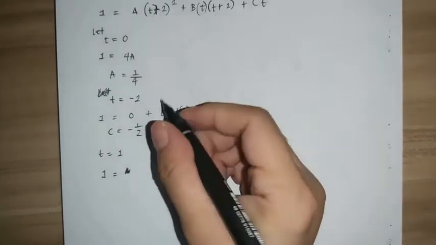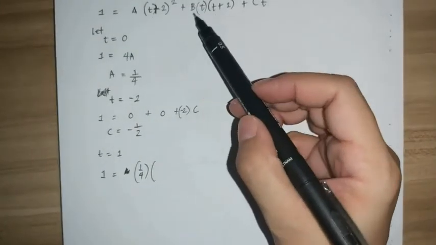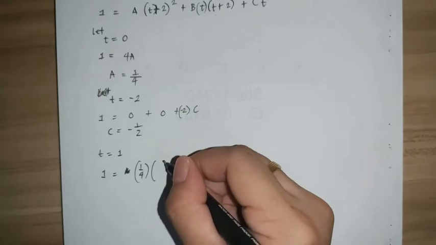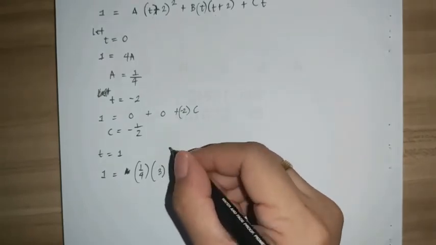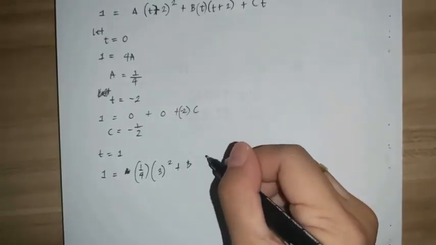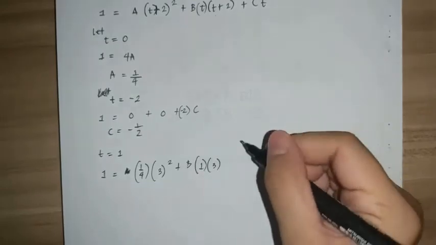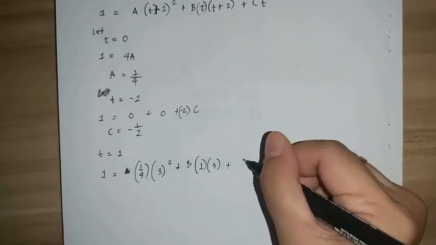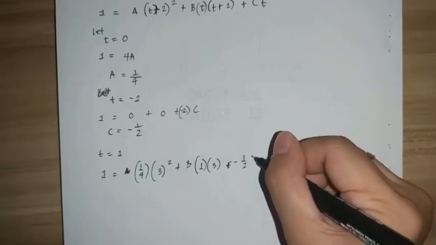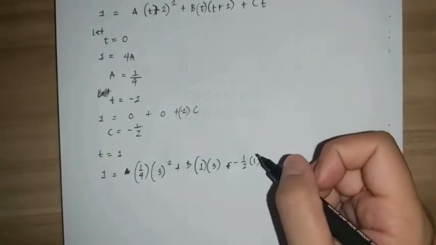A here is 1/4, let's just substitute. 1 over 4 times t plus 2, since t is equal to 1, so we have 3, right? 3 squared plus b, which is what we need to find, times 1 plus 3, which is 3, plus c is negative 1 half, so we have 1 half c, where t is 1.